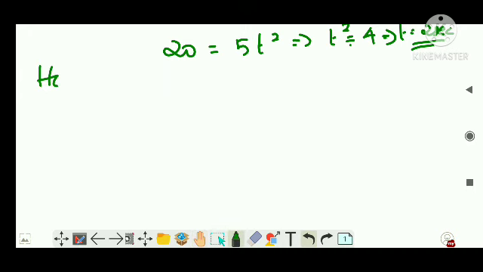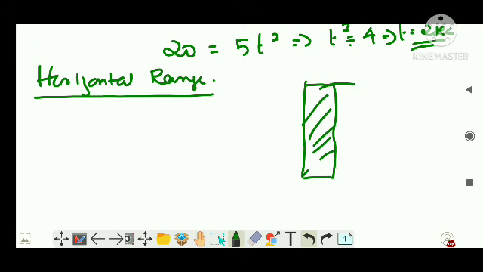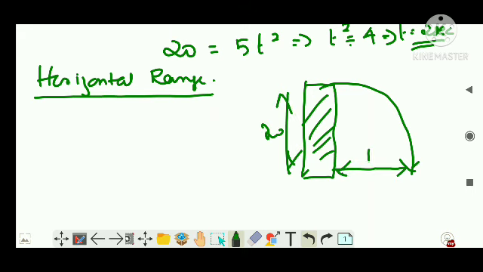Now you are asked what is the horizontal range, right? Now for the horizontal range, again I'm going to draw the picture, guys. In this figure, if this is the ball falling, which is the horizontal range? This is the maximum height, which is already known as 20 meters. This, which I have just drawn, is the horizontal range R, right? Clear?